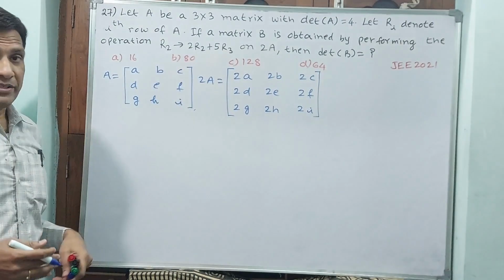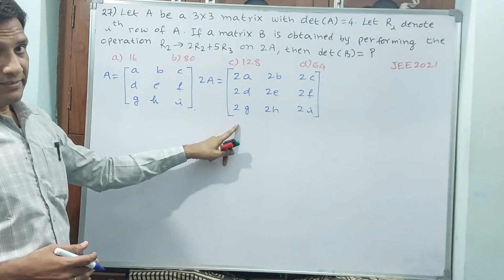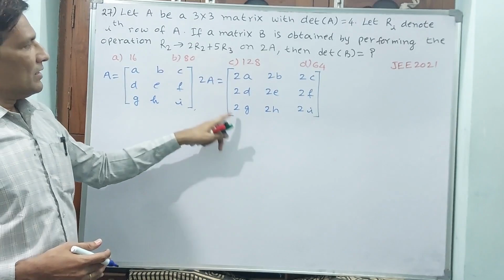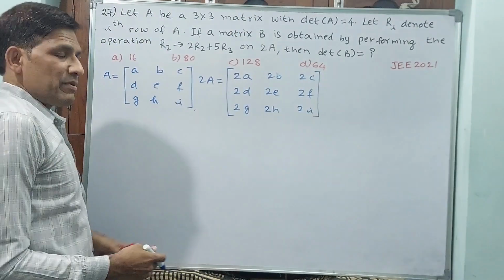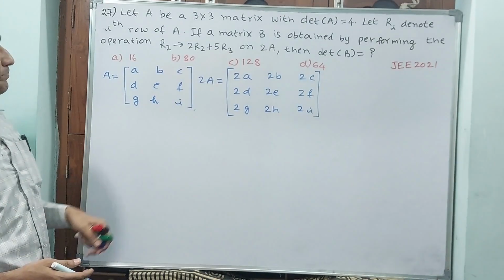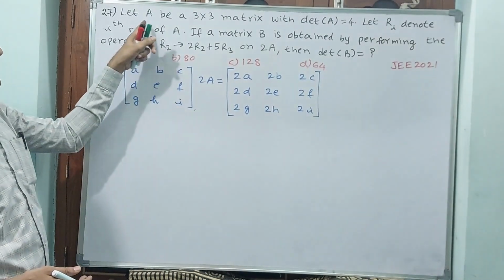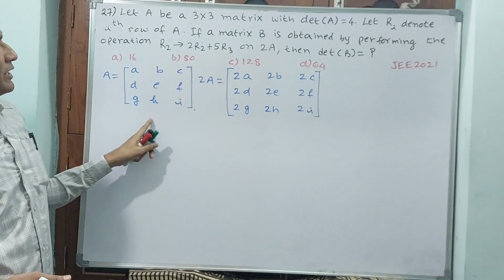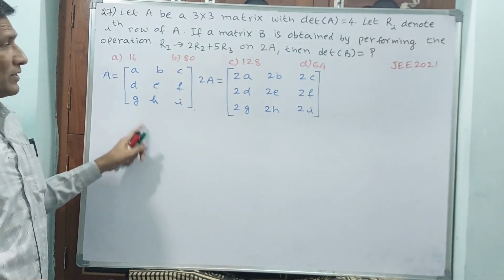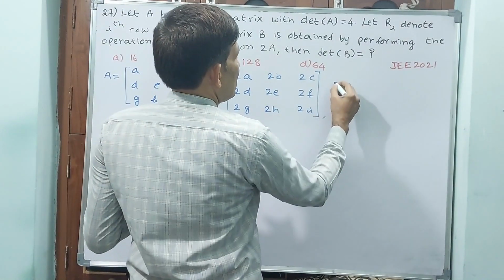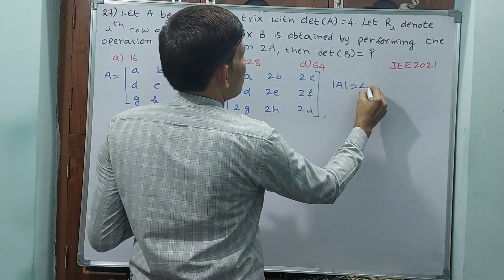The operation is on determinants, but first you write this matrix. Now determinant means you have to keep the determinant bars on both sides. A is a 3 by 3 matrix, and the determinant of A is 4. So I am writing here that determinant of A is equal to 4.